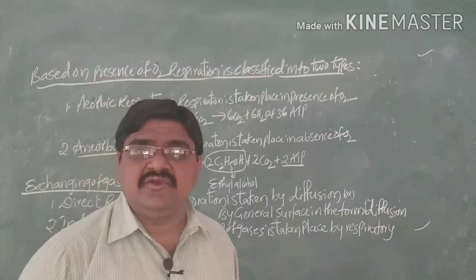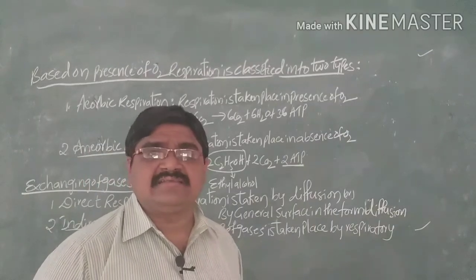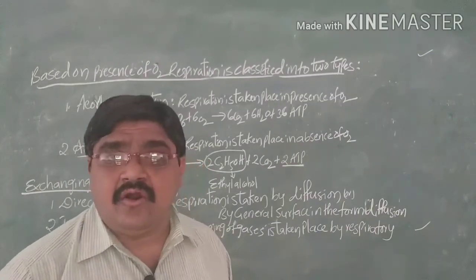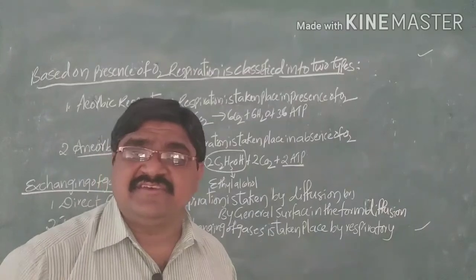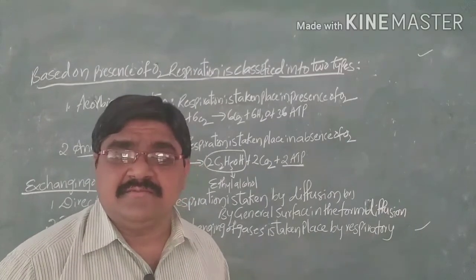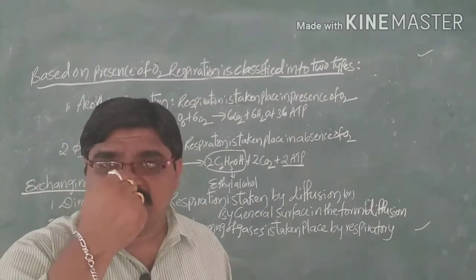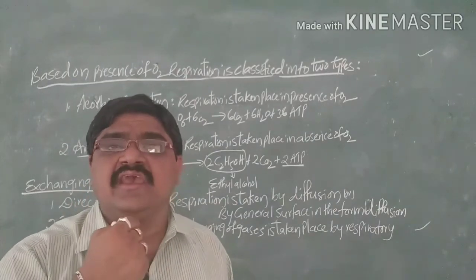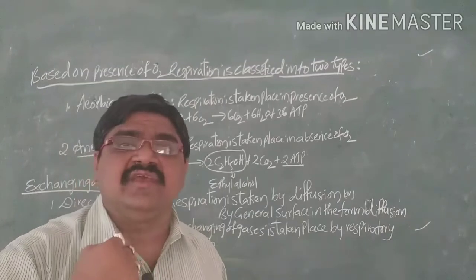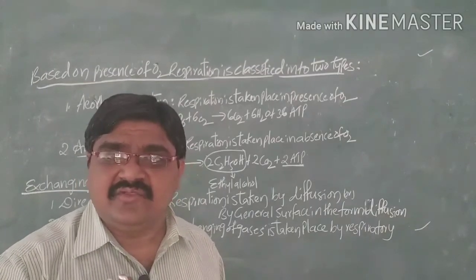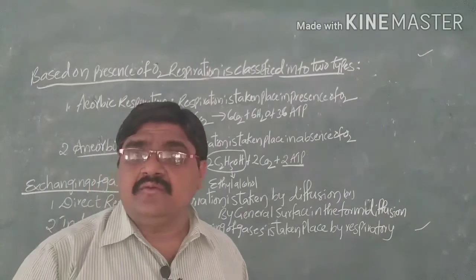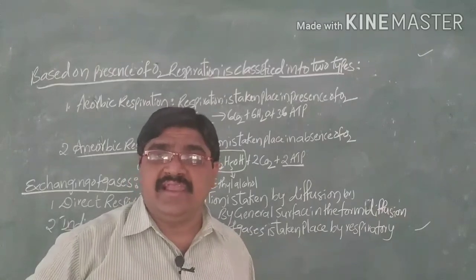In humans, the lungs are the respiratory organs. Through the lungs, the air enters through the nostrils, from nostrils to the pharynx, to the larynx, to the trachea, to the bronchi, and from bronchi to the lungs.